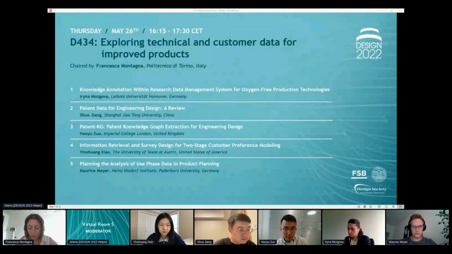Then he was also visiting at the Innovation Lab at the Singapore University of Technology and Design. His research interests include data-driven design, machine learning-based engineering design, and computational design methods.